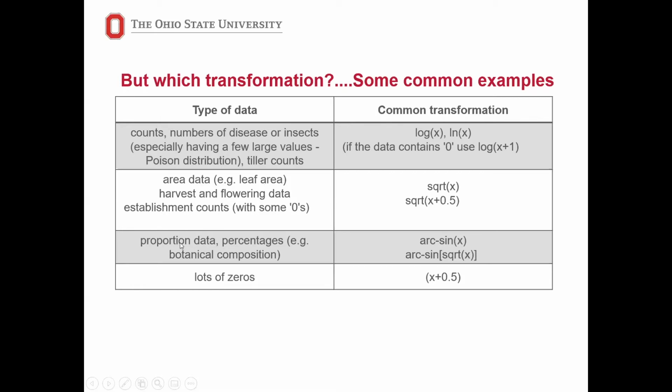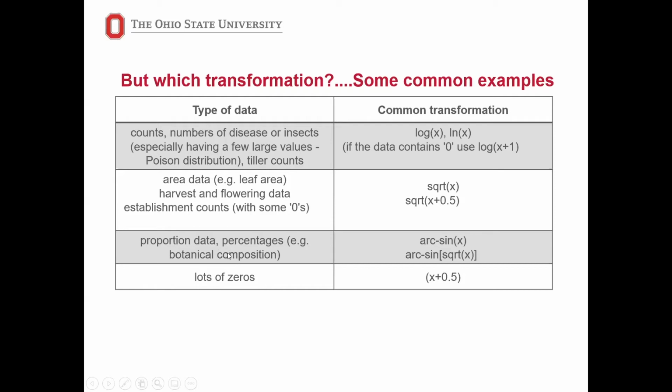We have a lot of proportion data where we're presenting data from 0 to 100%, especially when we're getting at the upper range around 100 or at the theoretical lower limit near 0. Botanical composition is very common.